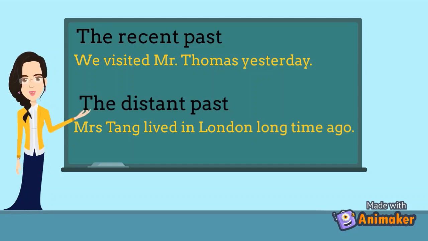Besides, simple past tense can be used to describe an action, a situation, or an event that happened in the distant past. For instance, Mrs. Tan lived in London long time ago. Alright, it did not happen yesterday. It happened long time ago. It happened in the distant past.